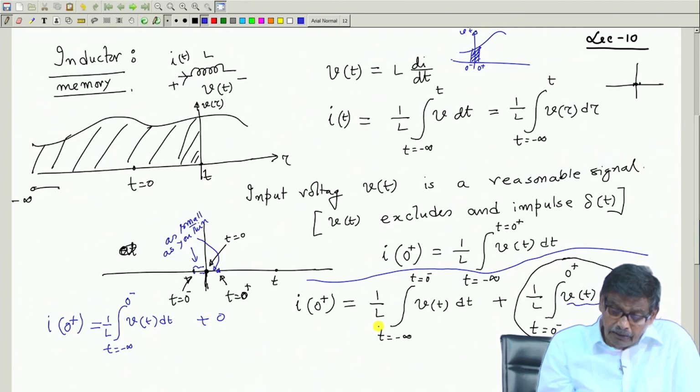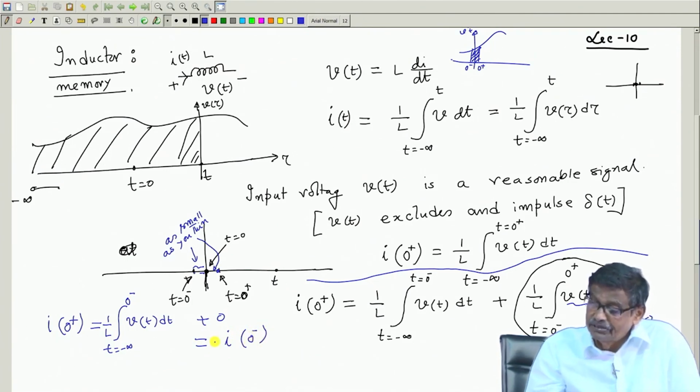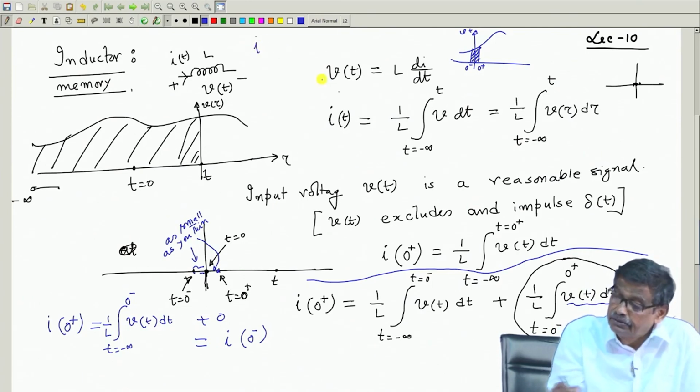But what is this thing by definition? 1 by L integral from t equal to minus infinity to 0 minus is nothing but I 0 minus, because I have written I at general time t like this. This is the general time t, how much will be the current. So, I am rewriting using this relation, and from this I get I 0 minus.